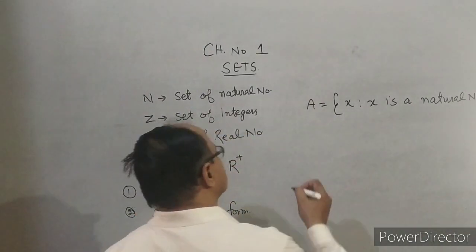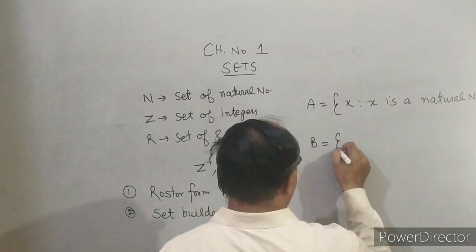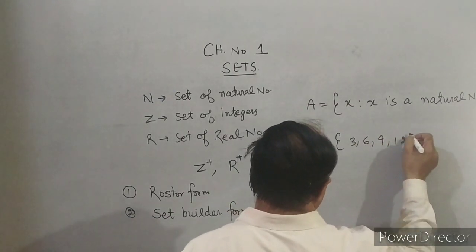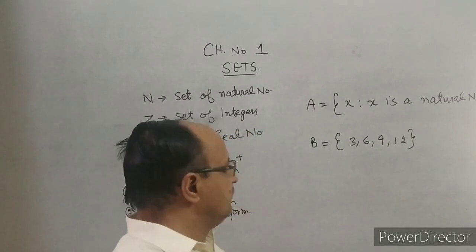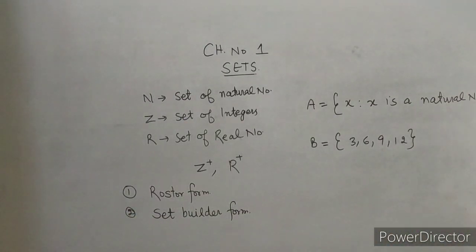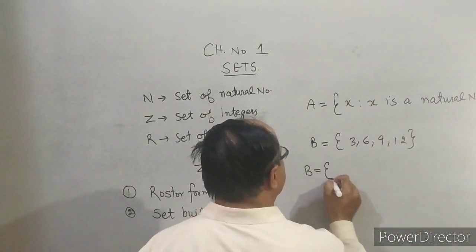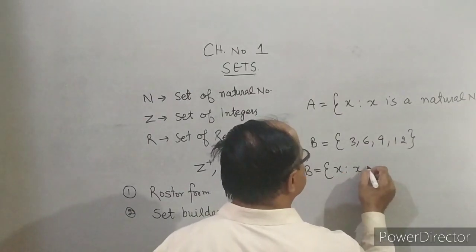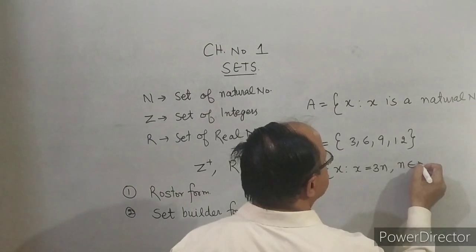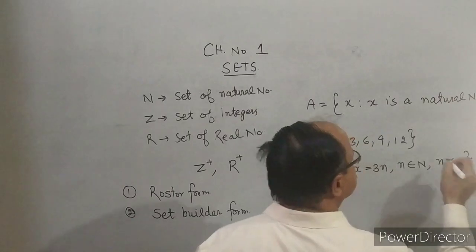Or another example, suppose we take one set {3, 6, 9, 12}. We want to represent this set in set builder form. You can write it like this: the set of all x such that x is equal to 3n, where n belongs to natural numbers and n is less than or equal to 4. Correct?